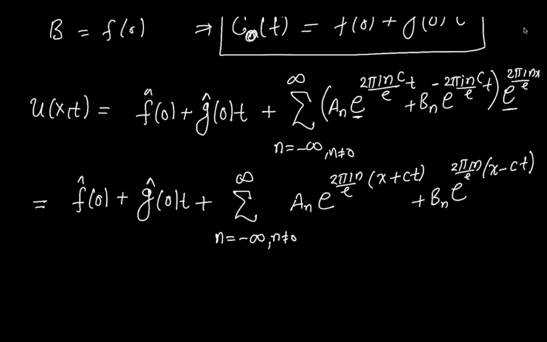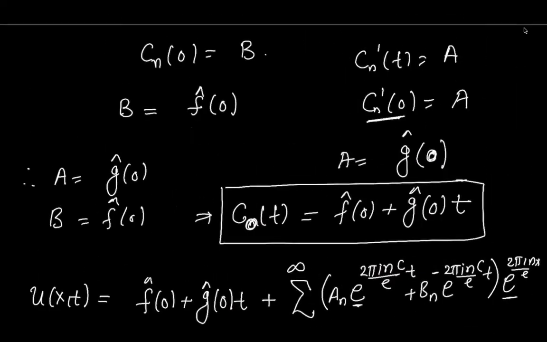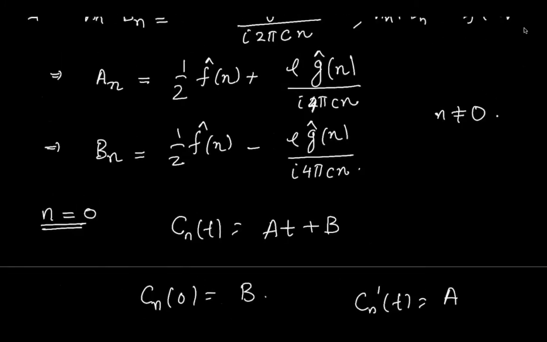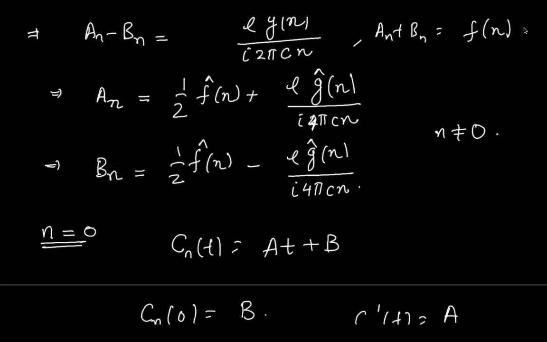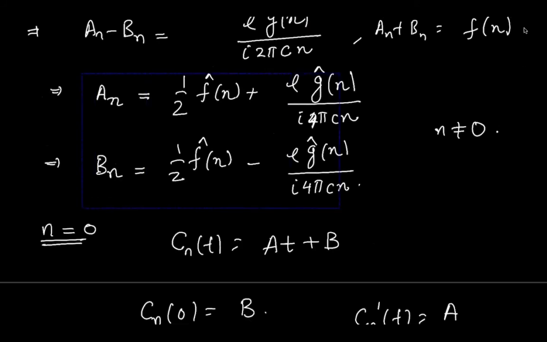So this is your solution, where a_n and b_n are known. You know what a_n is, this is just f hat n, and your b_n is much uglier than that. What was the b_n? The a_n and b_n are here, just copy paste.